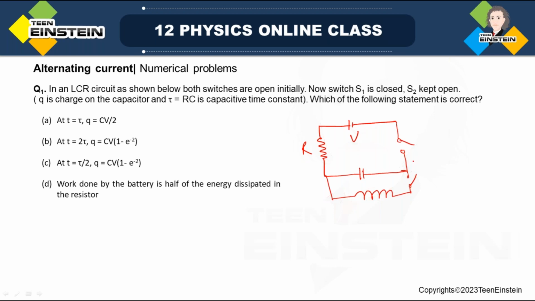There are two switches, as you see: this is S2, switch 2, and this is switch 1. This is the capacitor, this is the inductor, and this is the resistor.